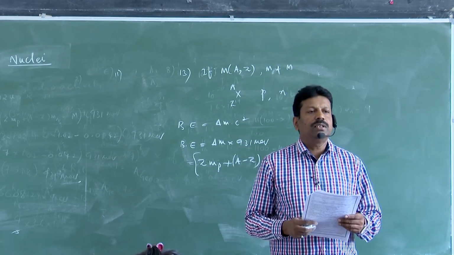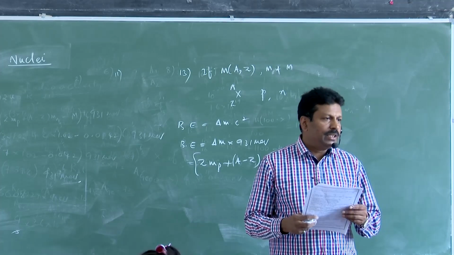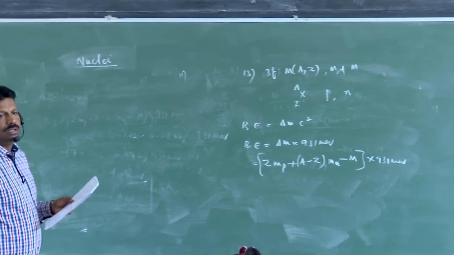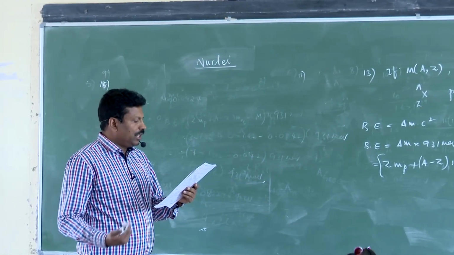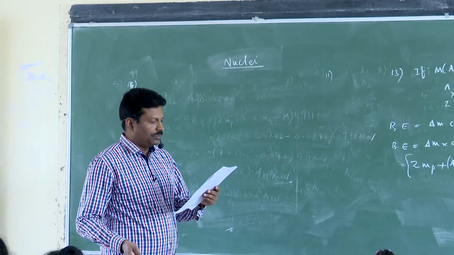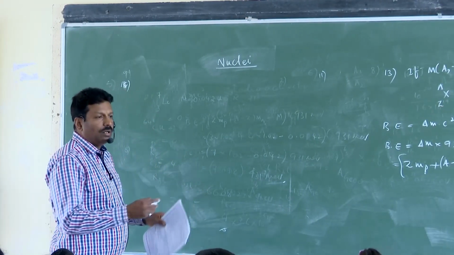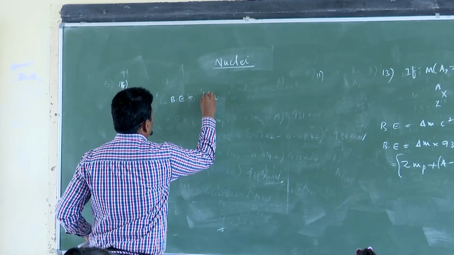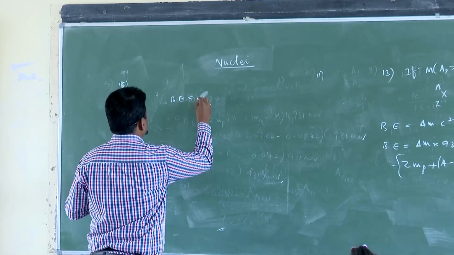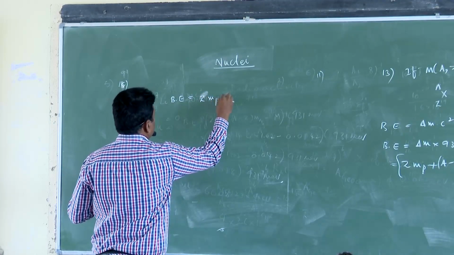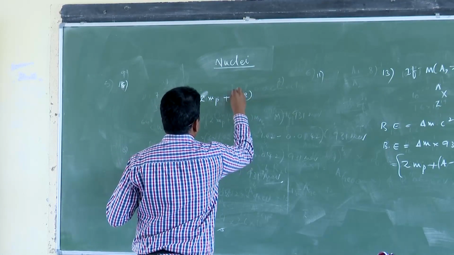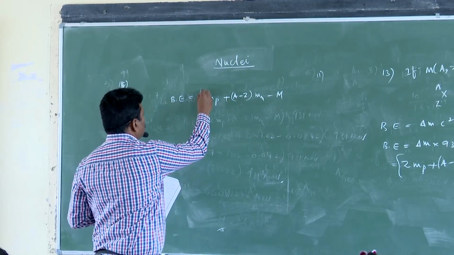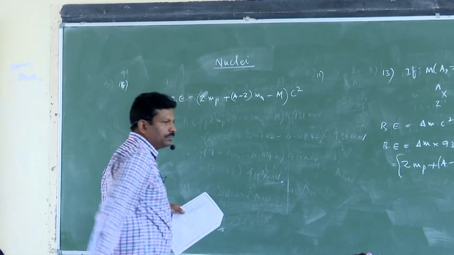See, for the 13th question, understood? Option C only. Going by this equation, for the 13th question, it is option C. You know why it is? Because binding energy is given by, as per this, Z M_p plus (A minus Z) M_n minus M, into c squared, correct?